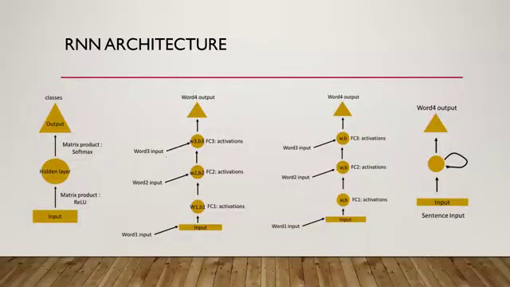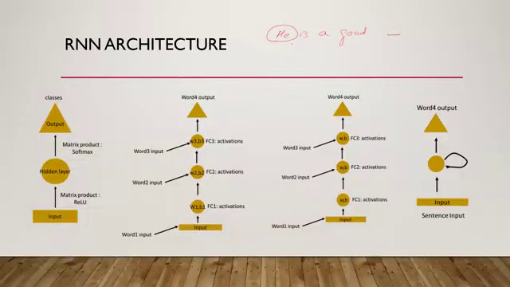RNN is typically used when we have to pass the context along with the previous input. For example, if I'm saying "he is a good ___" and we want this to be filled up, you cannot decide what to fill in this blank unless you have the information whether it is he or she. If it is he, you will fill in a boy or a man, or if she, a girl or a woman.